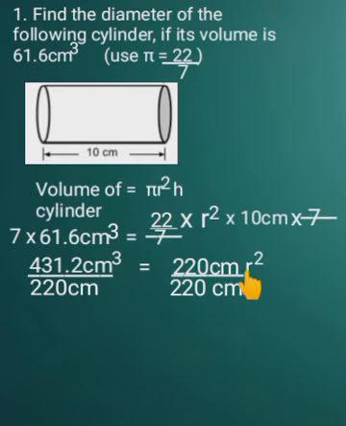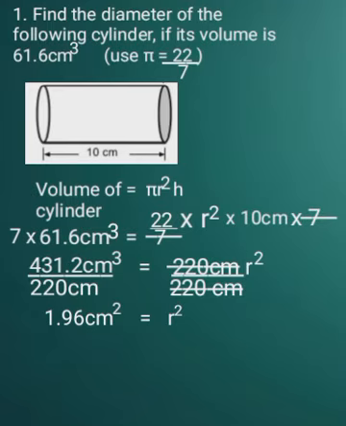Once you divide here, 220 and 220 cancel out, you remain with the r squared. Once you divide 431.2 by 220, you'll get 1.96.